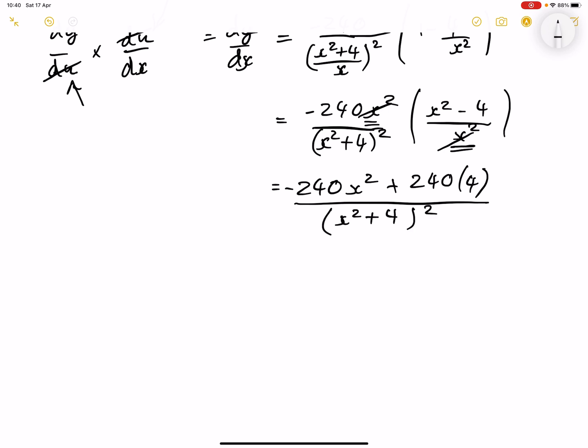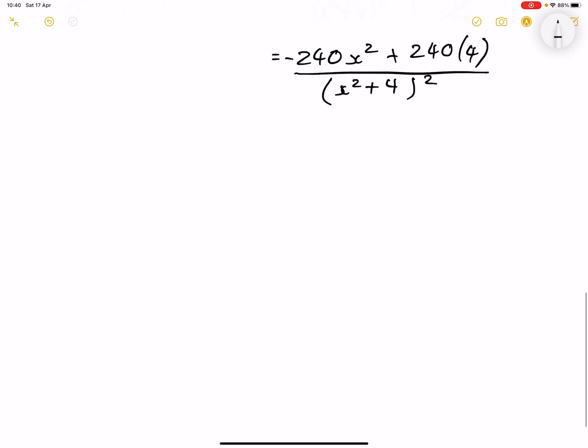And we know that this will be equal to 0 at turning points, so we're going to put it equal to 0. Now the denominator won't actually play a factor, because if the numerator is equal to 0, the whole fraction will be equal to 0, and the denominator can't be equal to 0 because that would be undefined.